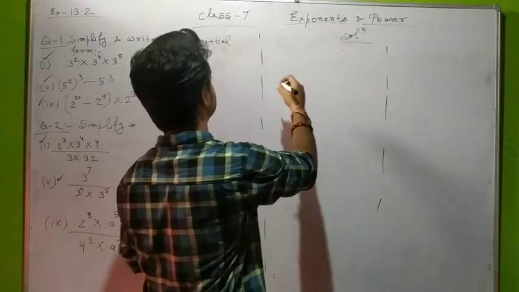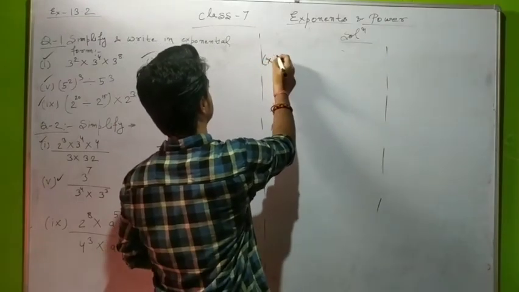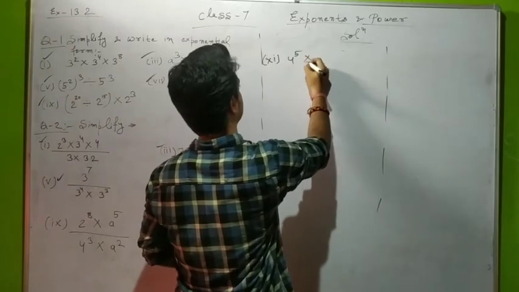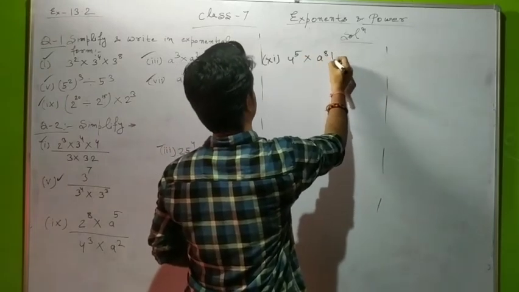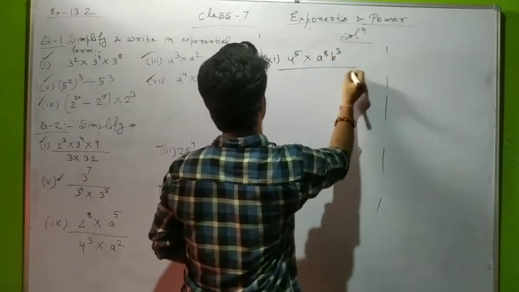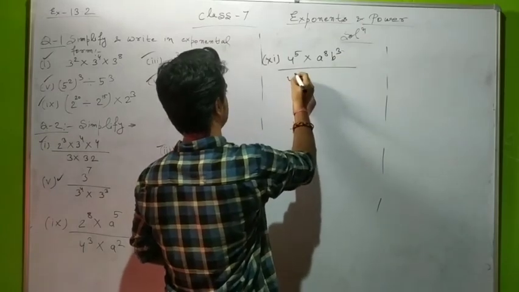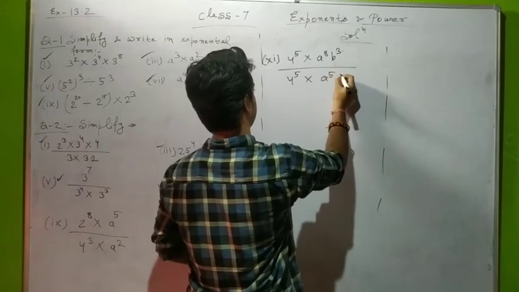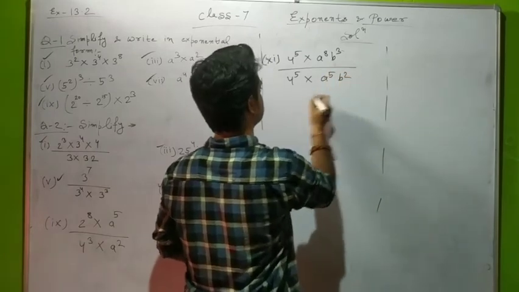The question is 4 raised to the power 5 into a raised to the power 8 b cube whole upon 4 raised to the power 5 into a raised to the power 5 b square.